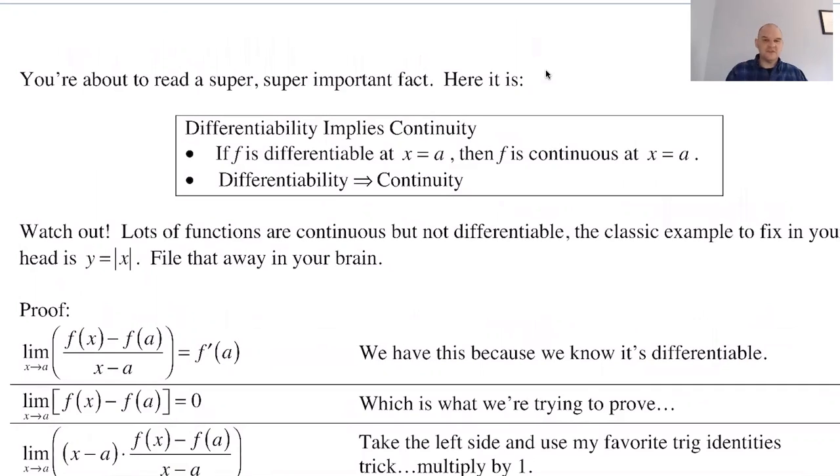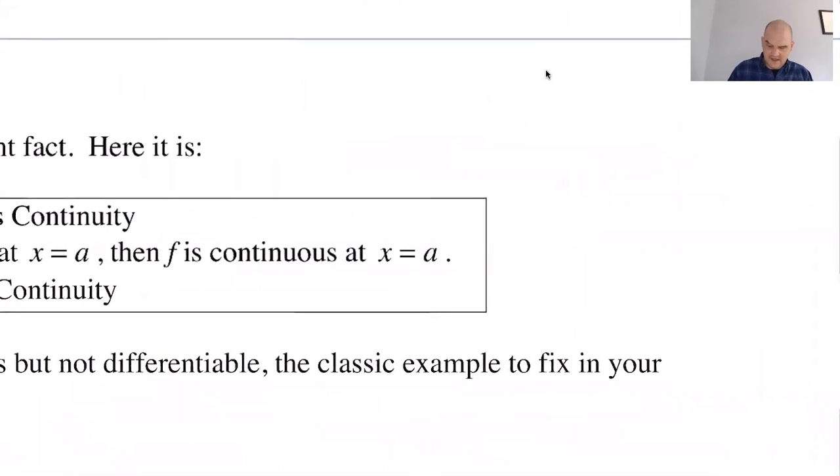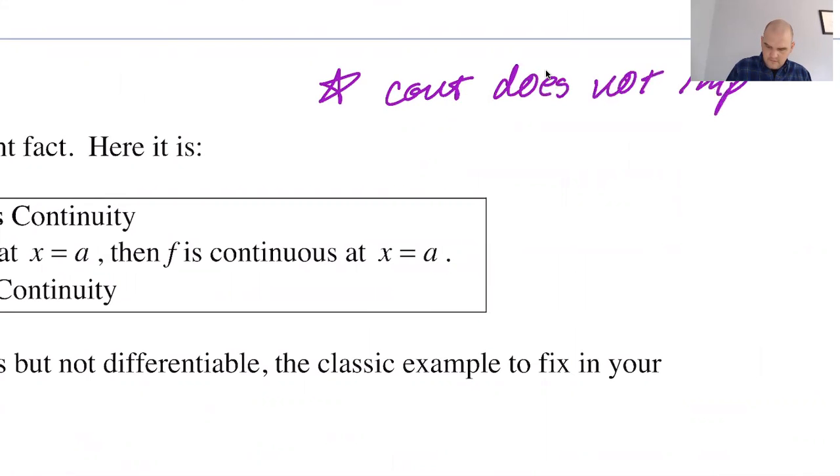So differentiability implies continuity. What does the absolute value of x have to do with that? The absolute value of x is continuous, but not differentiable. So continuity does not imply differentiability.